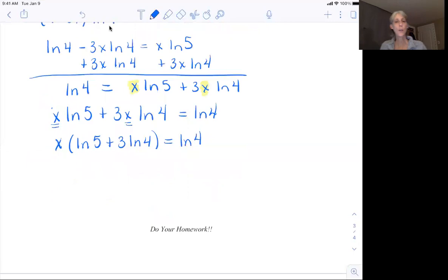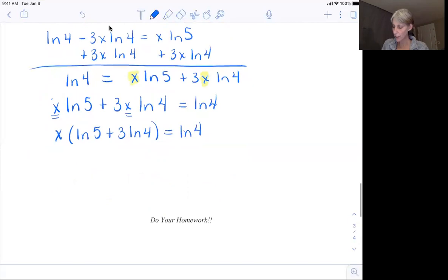And really, don't be scared. That ln of 5 is just a decimal. You can write the decimal or you can write it as ln of 5. I just prefer to write it as ln of 5 until the very end. In order to get this by itself, I'm going to divide by this entire quantity. So x is going to equal ln of 4 divided by this entire quantity.